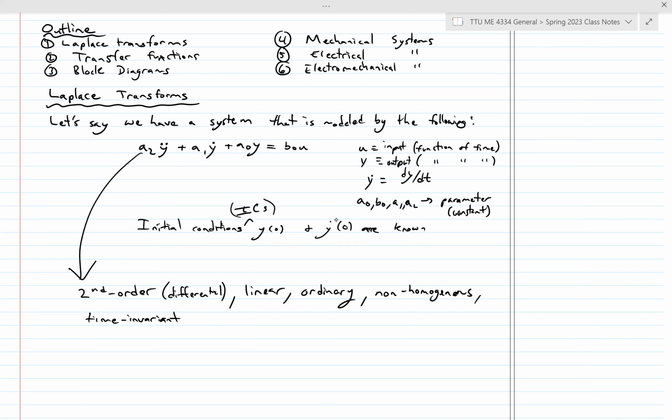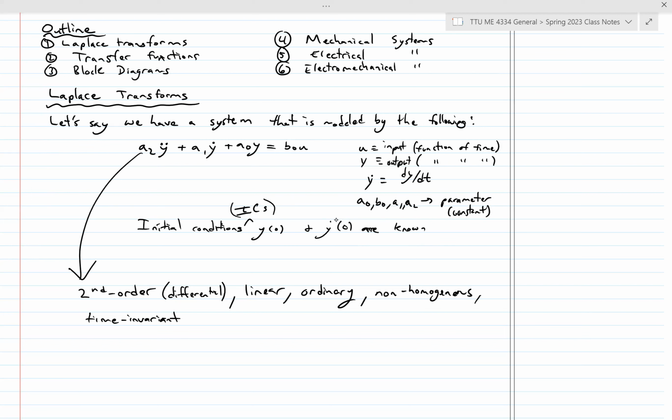If those vary with respect to time, I will categorize that as time varying or time variant. If the parameters are constant, the things in front of our u's and y's, then it is time invariant. We'll be working a lot with equations in this category, except for the second order part. We'll have different orders in this class. All right, so good, you guys remember a lot of that stuff.